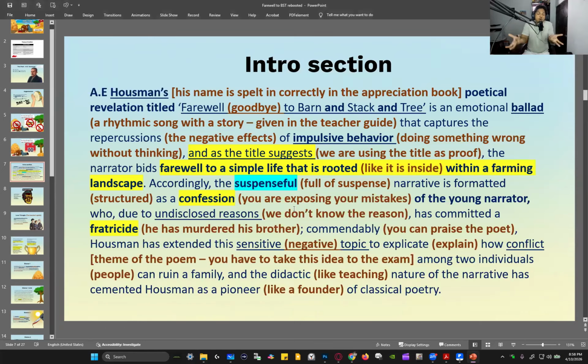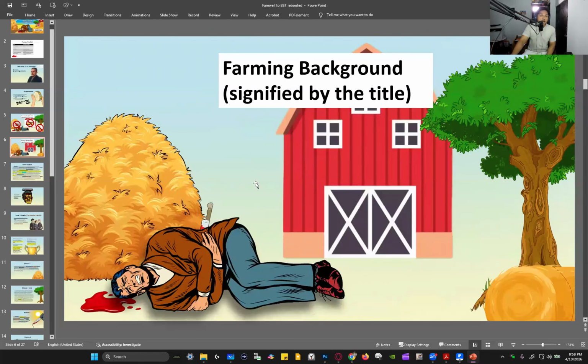So we don't know why the narrator is leaving. He says farewell. He says goodbye. He says farewell to his simple life rooted within what background? Is it a city background or is it a farming background? His simple life is rooted within, absolutely Rehana, a farming background.